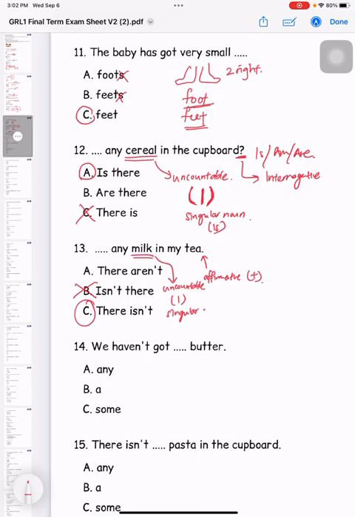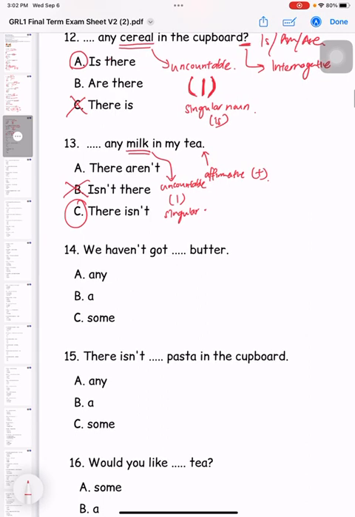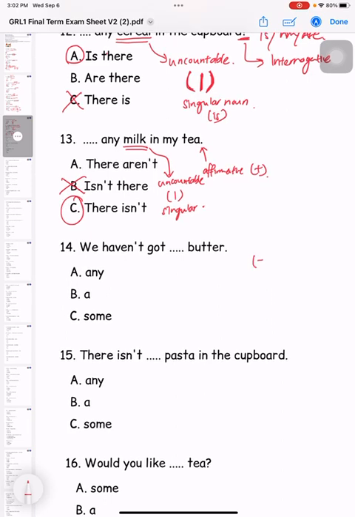Okay, 14. We haven't got butter, right? Okay, so what sentence is this? First of all, we have to look at, is it affirmative, or is it negative, or is it interrogative? So which one is the correct answer?